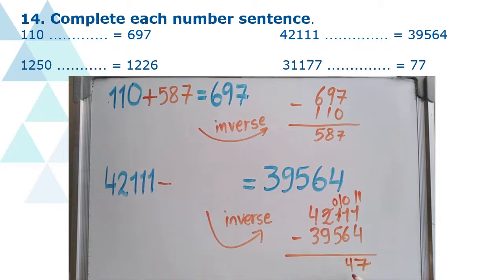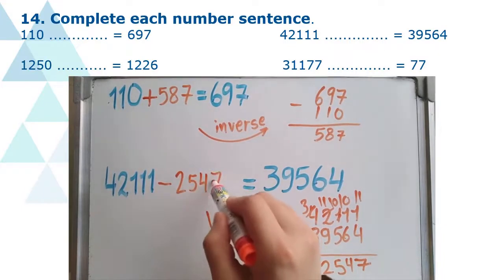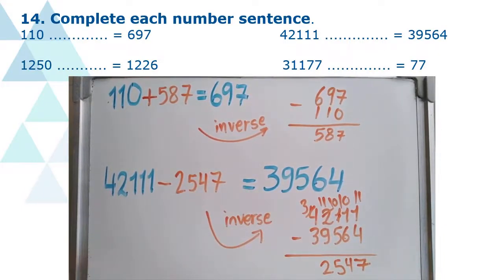I'll borrow from the neighbor. 10 minus 6 is 4. 10 minus 5 is 5. And 11 minus 9 is 2. And 3 minus 3 is 0. So, subtracting 2,547 is the answer. So, as we saw in the first question, I had the case of the second number being missing, and I'm adding. For the second question, also I have the case of the second number being missing, and I was subtracting.